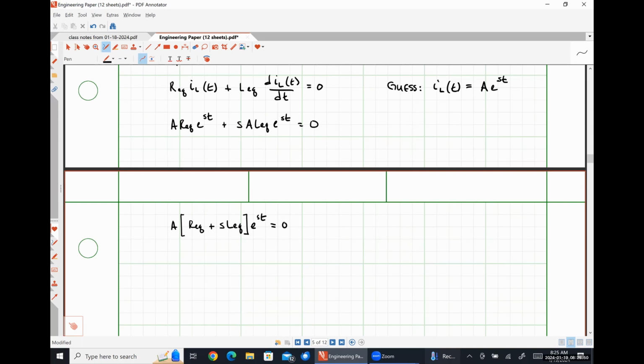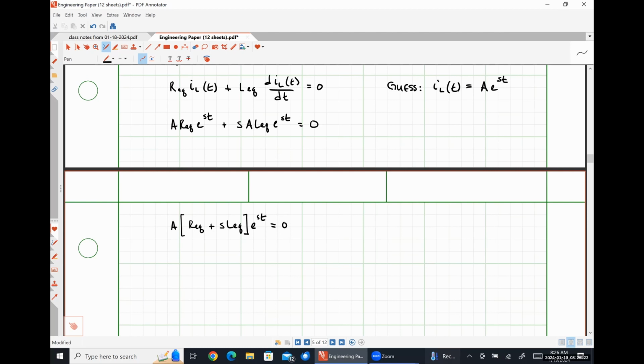So it's technically true, but it doesn't really match the situation that we have. e to the st can approach 0 if s is negative and we wait for a very long time, right? Because e to the negative something t is going to go toward 0 as time gets larger, which isn't going to make this thing 0 for all points in time, so that really doesn't help us either.